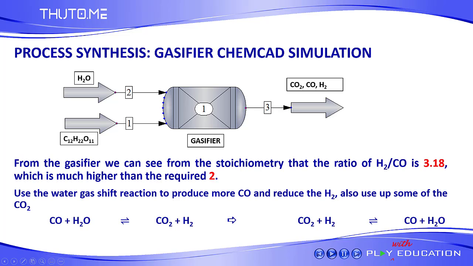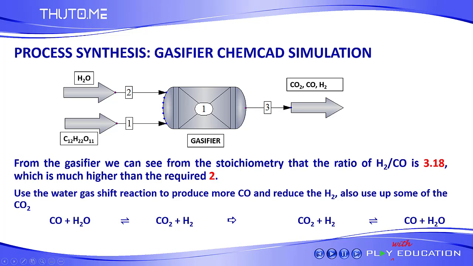If you remember from lesson 1, in this particular setup where we are gasifying sucrose, we are producing an H2 to CO ratio of 3.18, which is much higher than the one that we require for methanol synthesis, which is 2 H2s for 1 CO, meaning that an H2 to CO ratio of 2 is required.